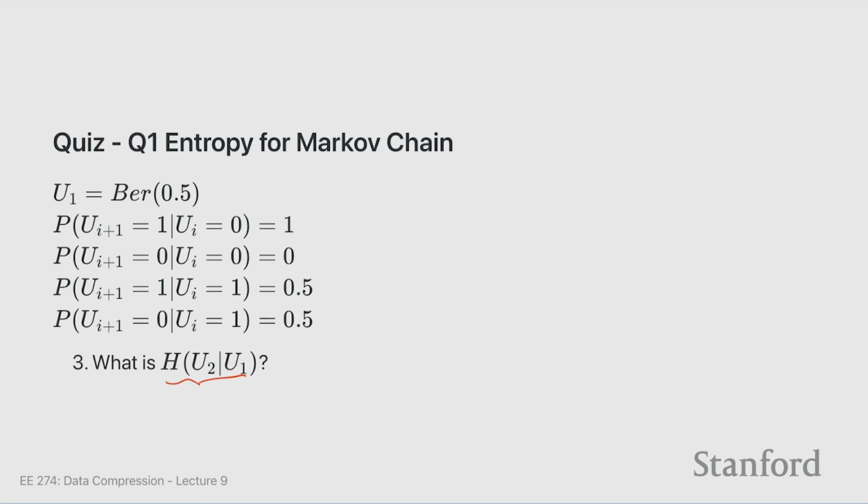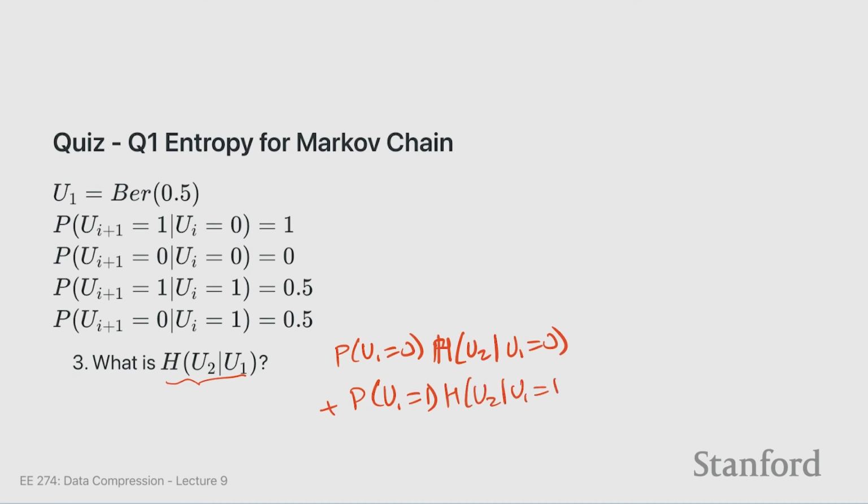Then we asked what is H(U2 given U1). Let's do this quickly. For U1 equal to 0, the entropy of U2 given U1 equal to 0. I think we did an example last lecture, so hopefully you all remember. If U1 is 0, U2 is deterministic.